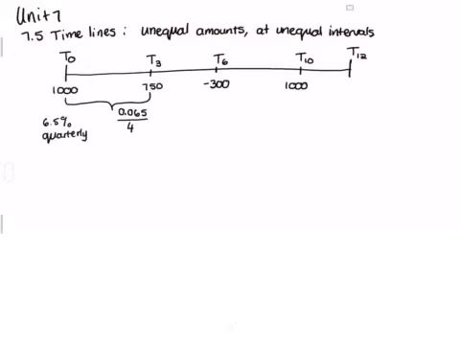Now it says for the next 2 years, so from time 3 up to time 5, the interest rate was 7.2% compounded monthly. So I change it to that and I put it over 12.